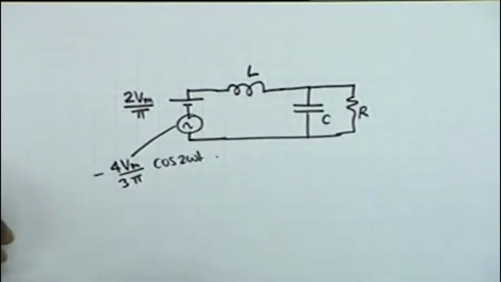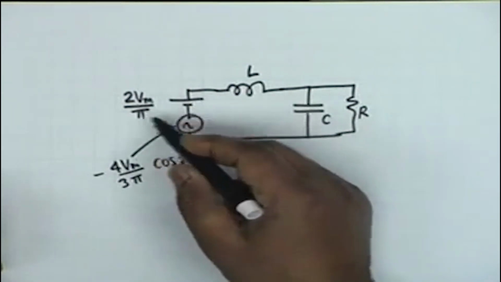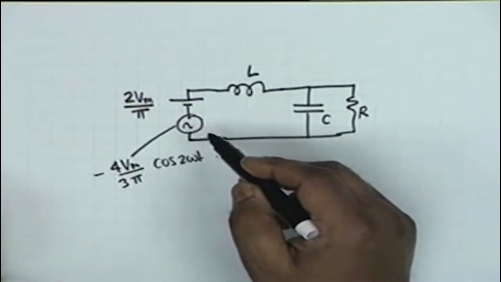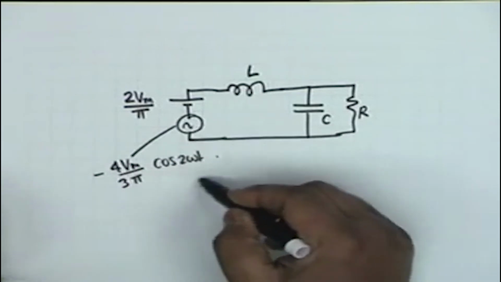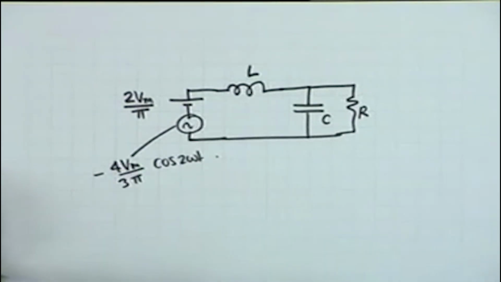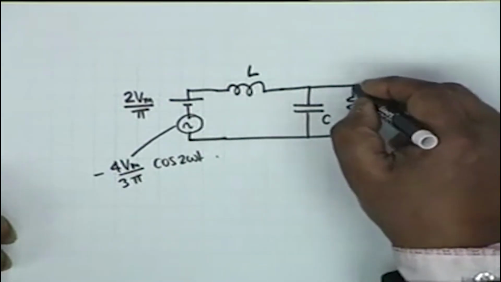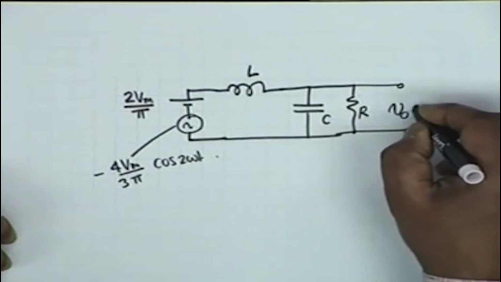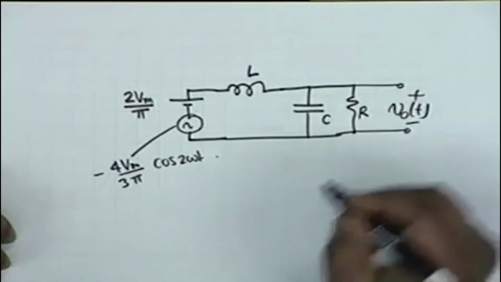This is my input. I have shown this as two sources. One is a battery, the DC of value 2 Vm by pi, in series with an AC component whose value is minus 4 Vm by 3 pi cosine 2 omega t. We wish to find out the output voltage. Okay. If I call this V0 of t, the output voltage.